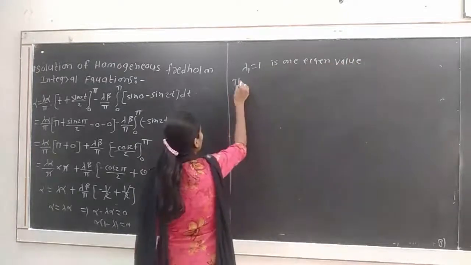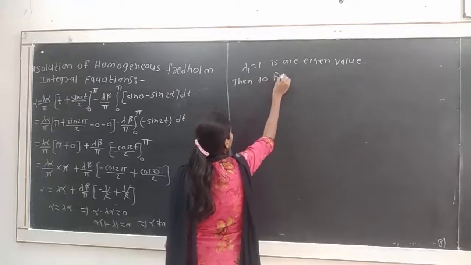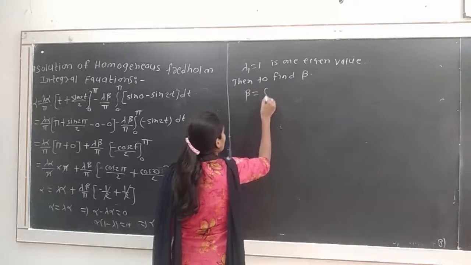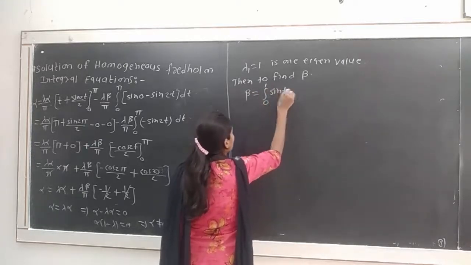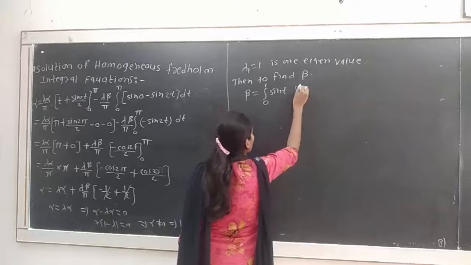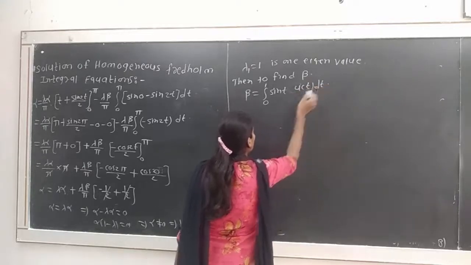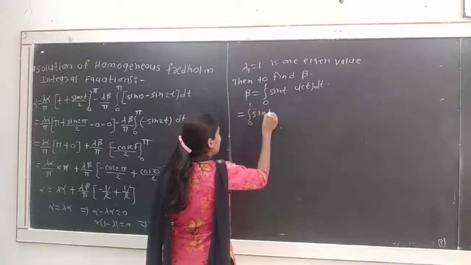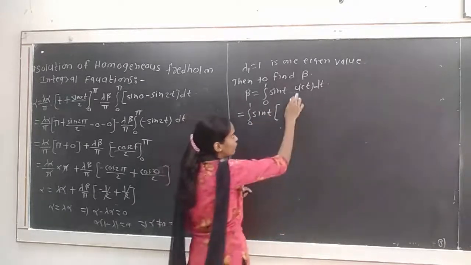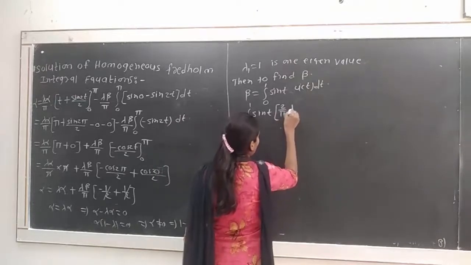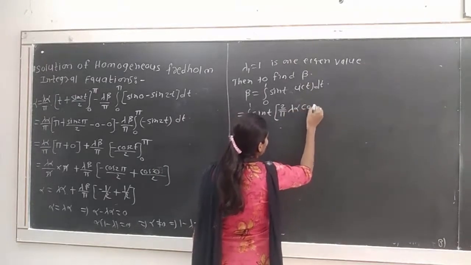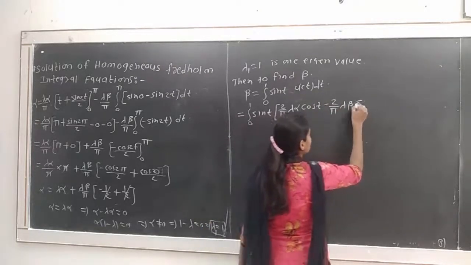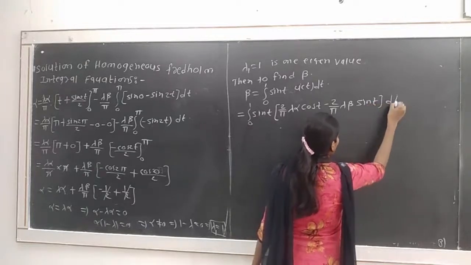Then to find beta, okay, so beta is equal to, we consider integration from 0 to 1 sin t into u of t dt. Here we put the value of u of t, so 0 to 1 sin t, in bracket we write the value of u of t, which is 2 by pi lambda alpha cos t minus 2 by pi lambda beta sin t, into dt.